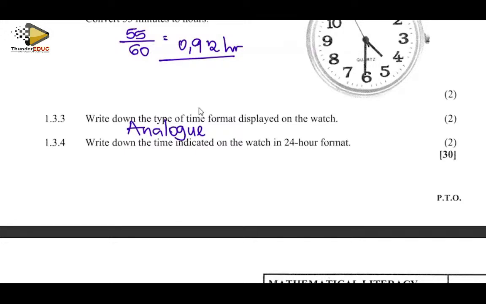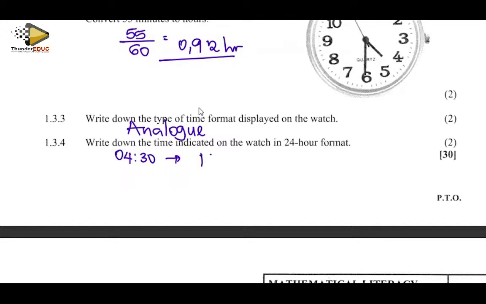Another thing you'll be facing is you don't know whether it's in the afternoon or in the morning. If it was in the morning, you would say 04:00.